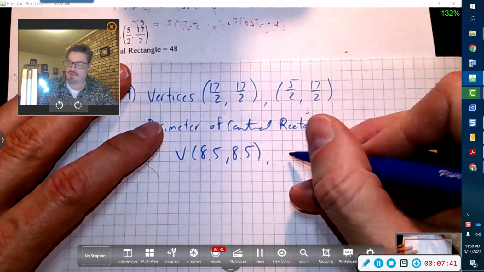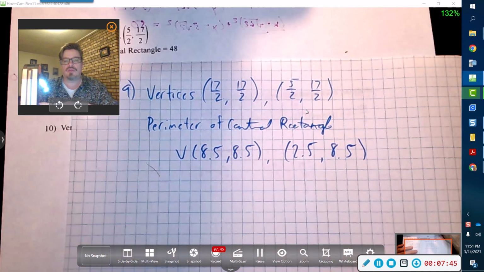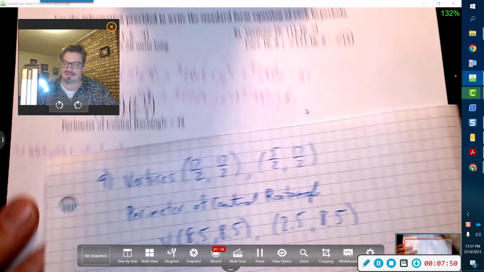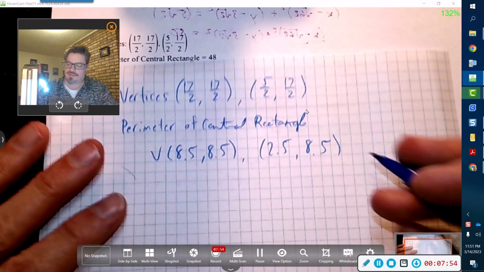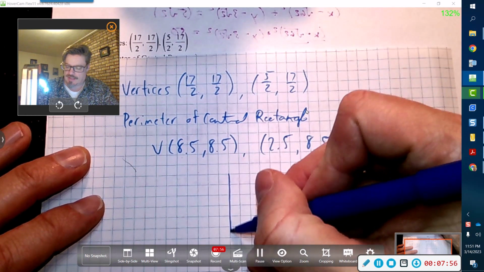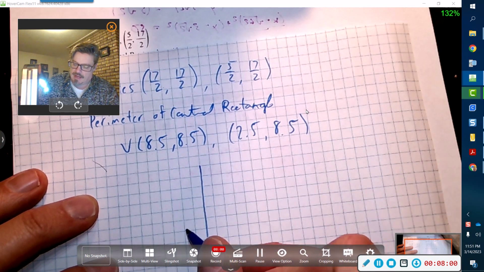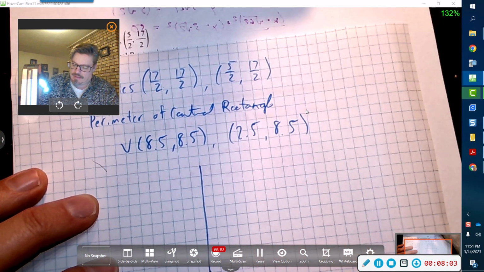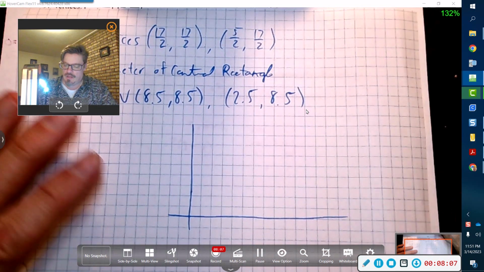And then the other one is 2.5 and 8.5. Now I'm going to use this information to figure out what this is. It's a hyperbola, by the way. We're in the hyperbola section. So what I'm going to do is draw this guy, 8.5, 8.5. Oh, he's kind of high, so we're going to go like this. So 8.5.